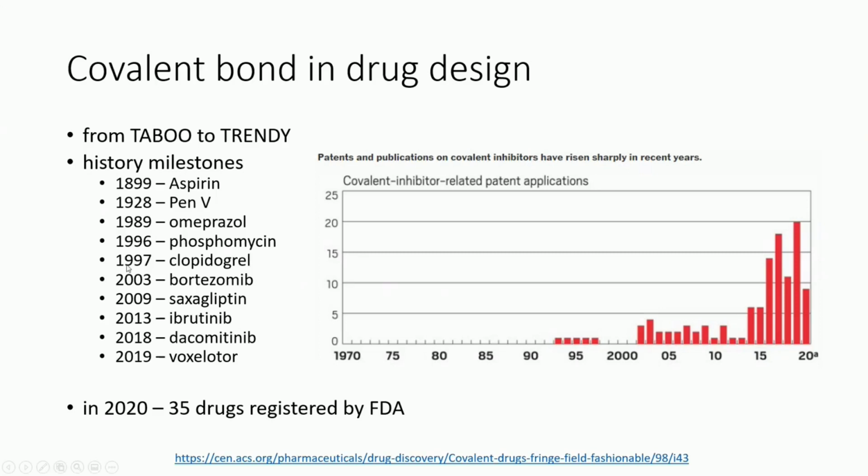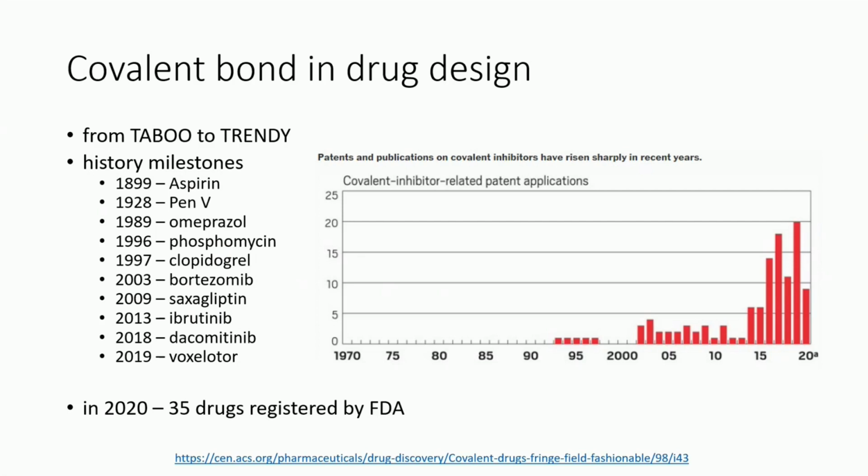So maybe from the year 2000, in the plot on the right side, you can see the frequency of appearance of covalent binders in patent applications. So you can see the increase. And as for the examples of the drugs, we can mention, for example, bortezomib, ibrutinib, saxagliptin, dacomitinib, and voxelotor. In the year 2020, there were 35 drugs registered by FDA from the group of covalent binders.